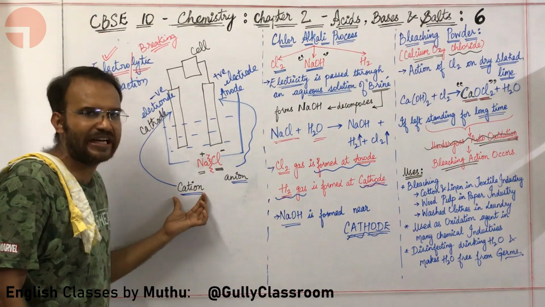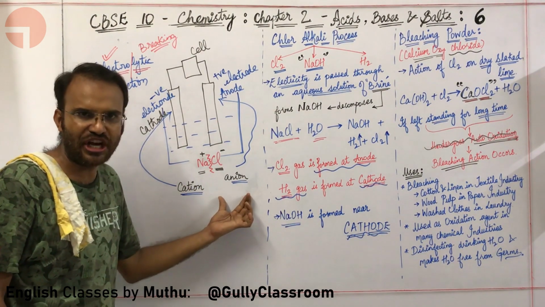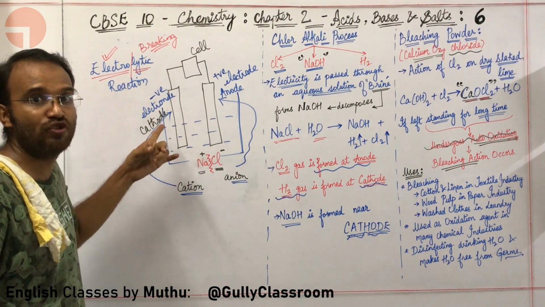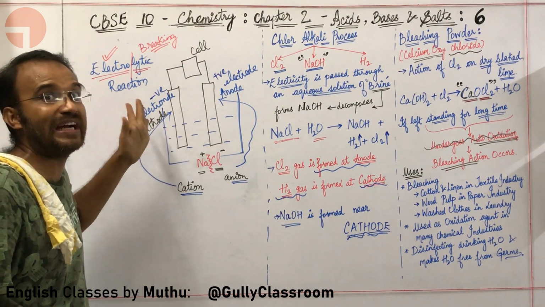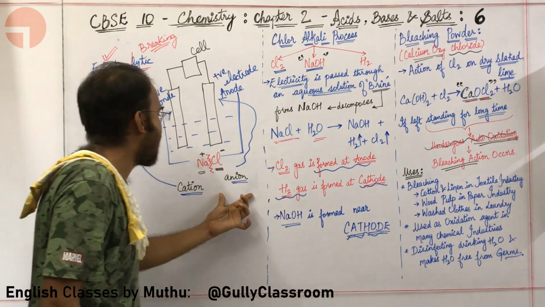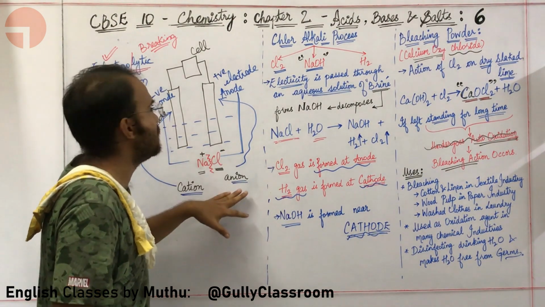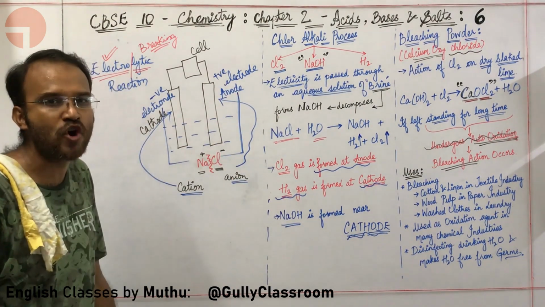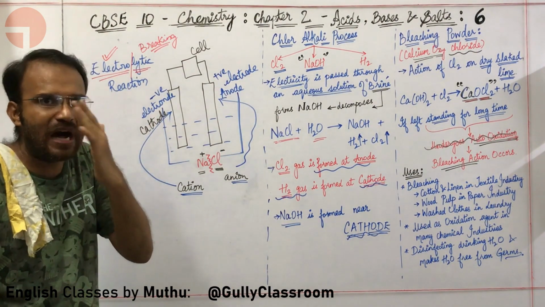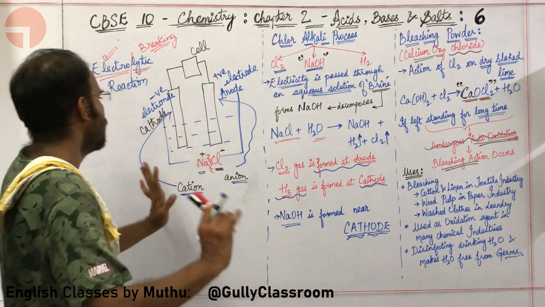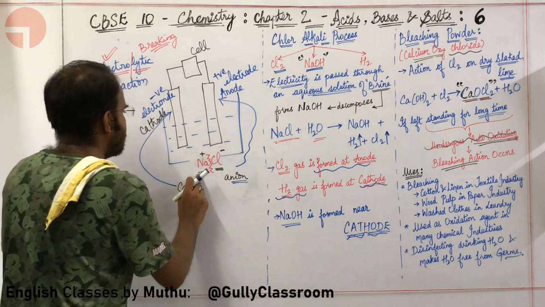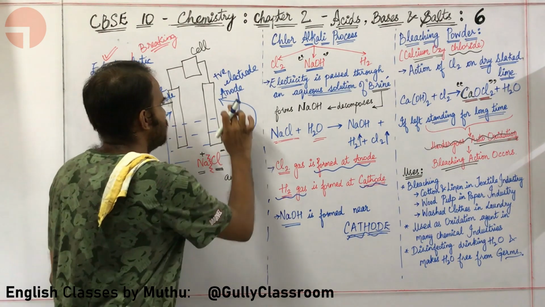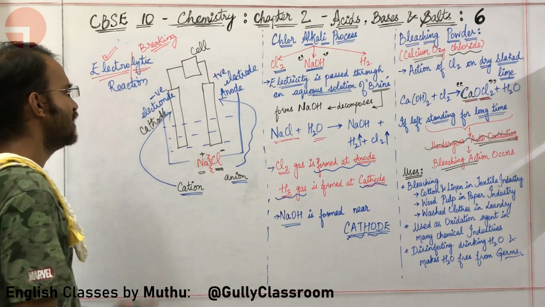Remember, cation is positive, anion is negative. Cation is positive, it is attracted towards the negative electrode, so the negative electrode is cathode. Anion is negative, it will be attracted towards the positive electrode. The positive electrode is anode. Are you able to understand this idea? Now, sodium will be attracted towards the negative electrode. Chlorine will be attracted towards the positive electrode.